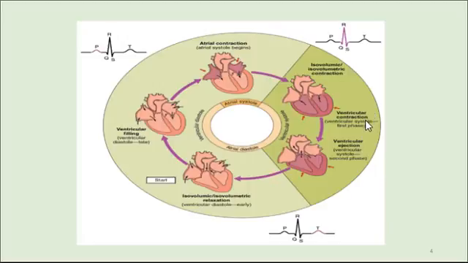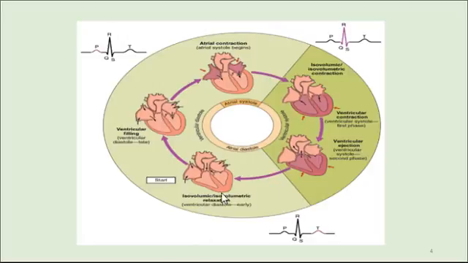You have your ventricular contraction, which leads to your ventricular ejection. When the ventricular pressure exceeds the aortic and pulmonic arterial pressure, the aortic and pulmonic valves open and the ventricles eject blood.